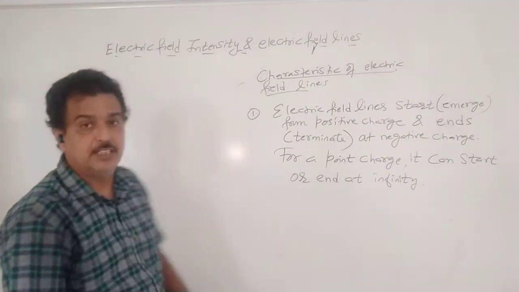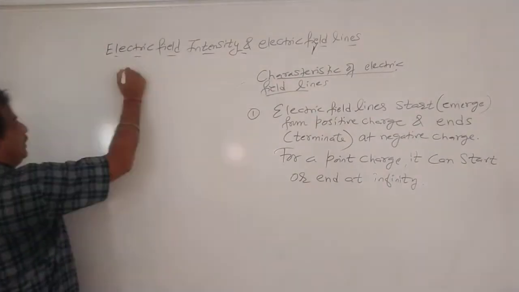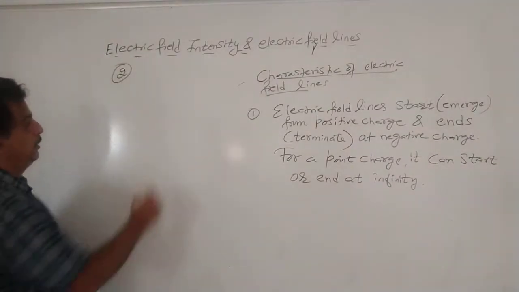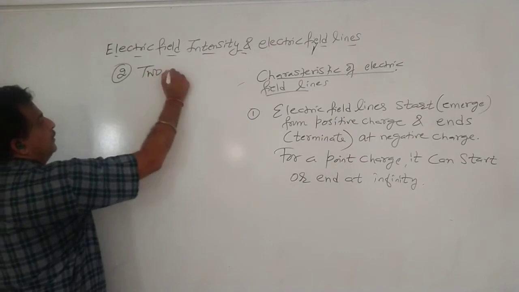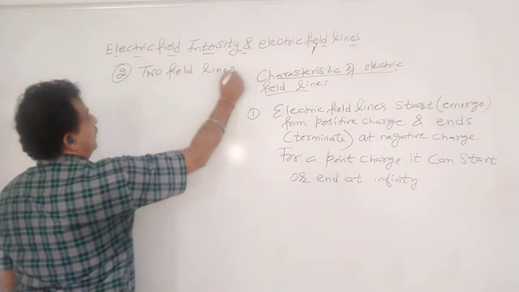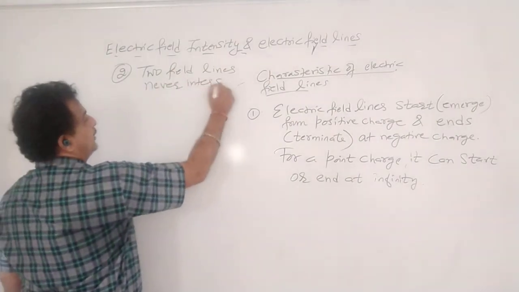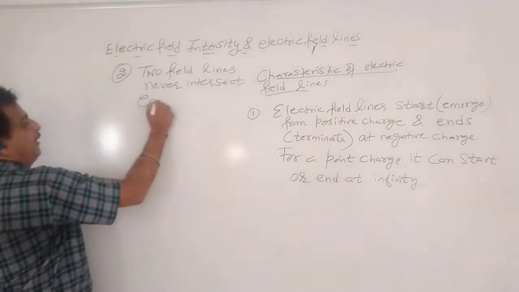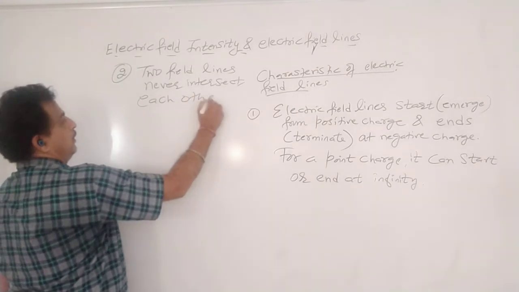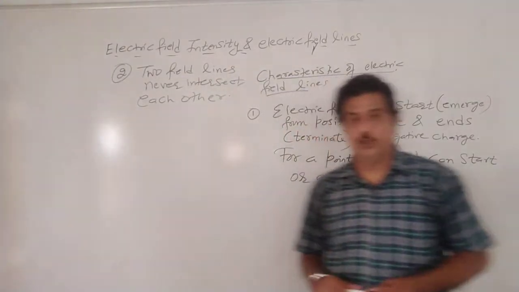So this is the first important characteristic. Second important characteristic: two field lines never intersect each other. दो फील्ड लाइंस कभी भी इंटरसेक्ट नहीं होती है.